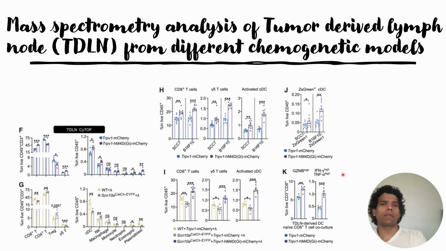So overall, it's the tumor-infiltrating lymphocytes that have a role in tumor cell killing in the presence of the chemogenetic inhibition method that they have developed and tested.